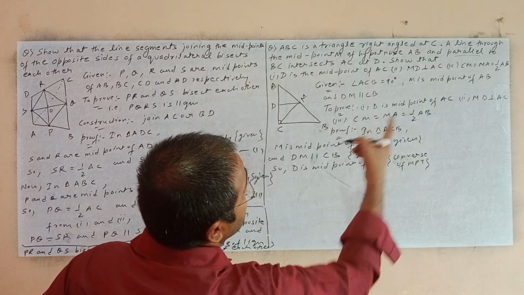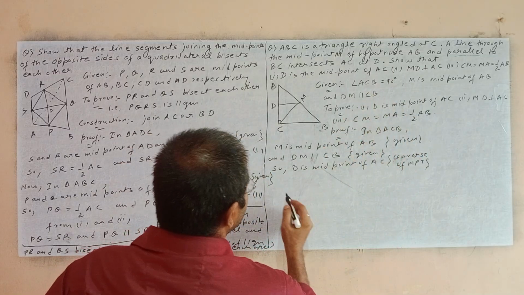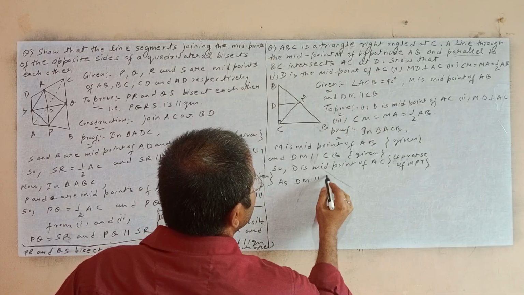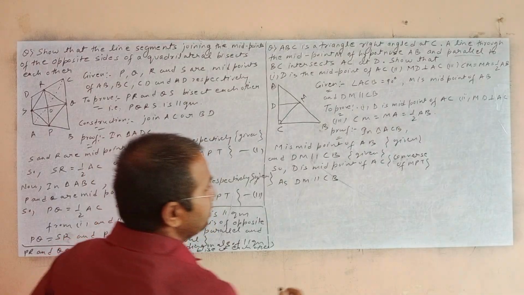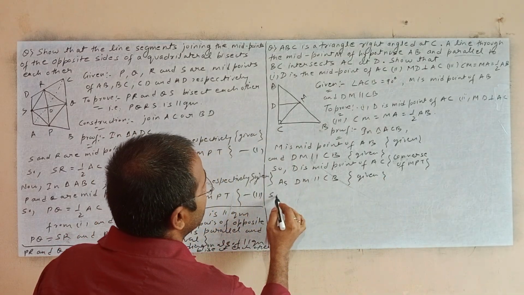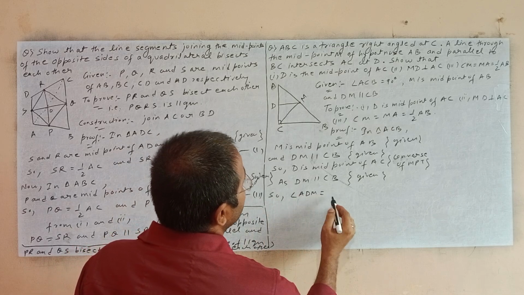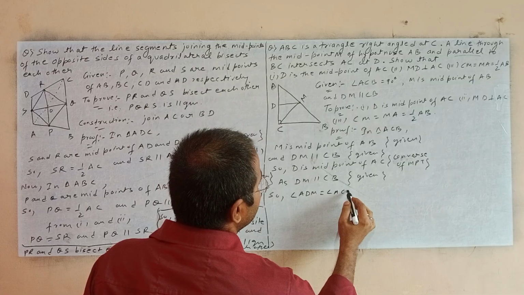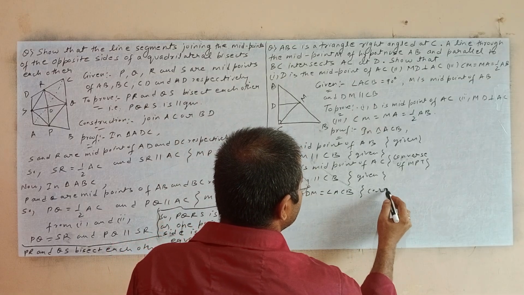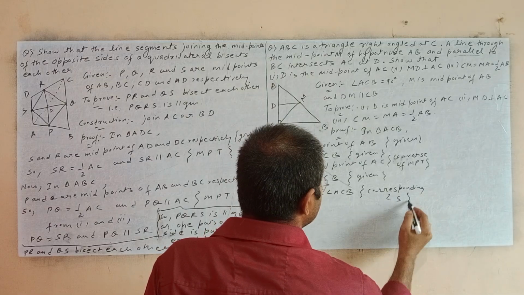Now you have to show what? MD is perpendicular. Okay, so see here, as DM is parallel to CB, it is given. So angle ADM is equal to angle ACB, corresponding angles.